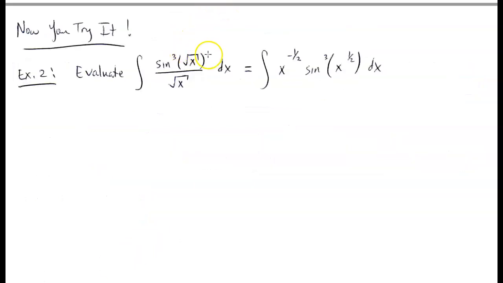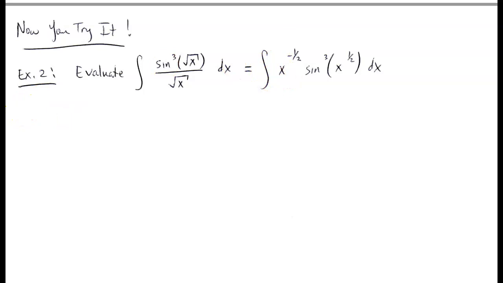All right, so for this example, what we want to do to start out, since we have the square root of x in here, is let's start off using some kind of substitution to make this look a little easier, okay?